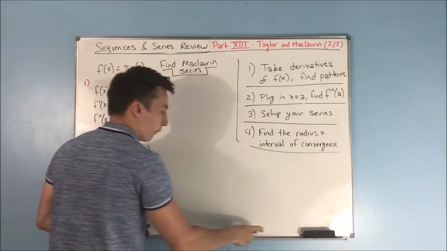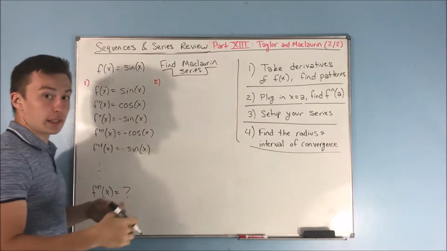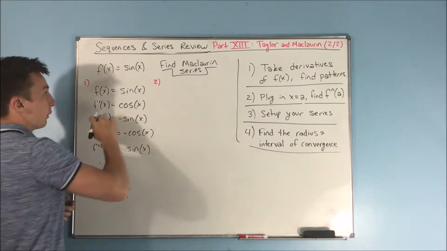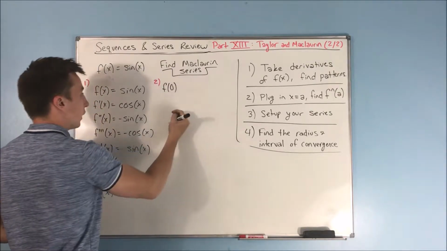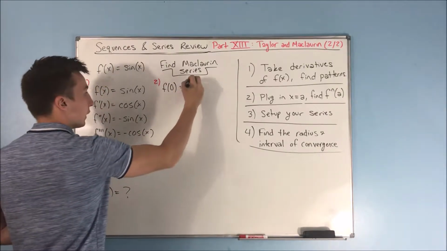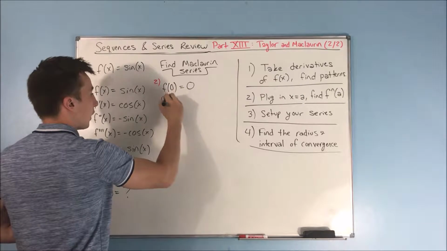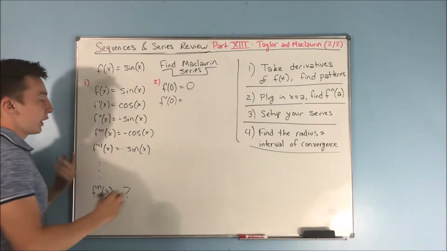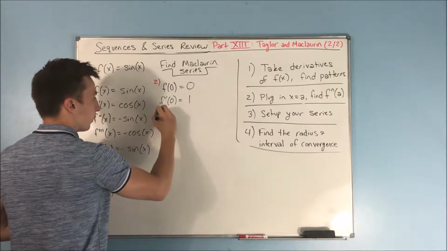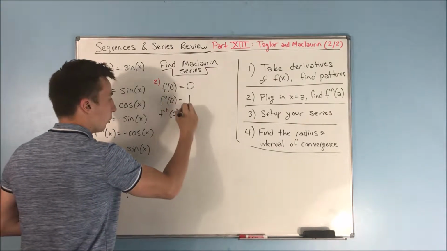If we plug in x equals a, remember our a is going to be 0 here, because this is a Maclaurin series. So f of 0 equals sine of 0, that's 0. What about f prime of 0? That's just going to equal 1, cosine of 0 is 1. F double prime will be 0.